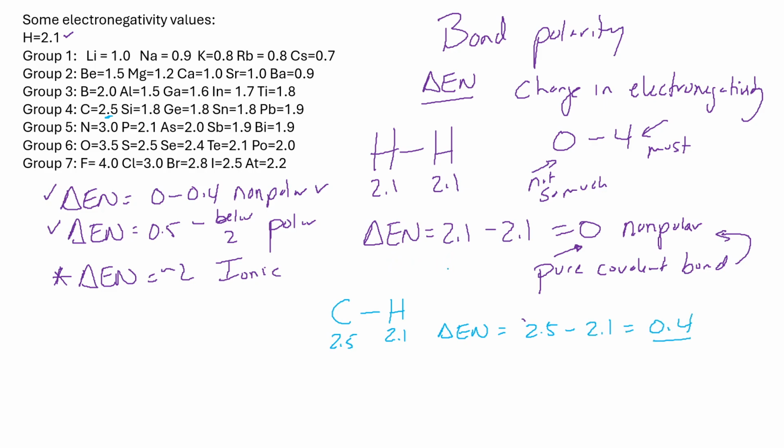That's a 0.4 difference. That is my high end here, and this is a nonpolar bond, which basically means equal sharing of electrons. Reason for that cutoff is carbon hydrogen is pretty much what you find in a lot of organic compounds, which are nonpolar. That's maybe why the cutoff's right there at 0.4.